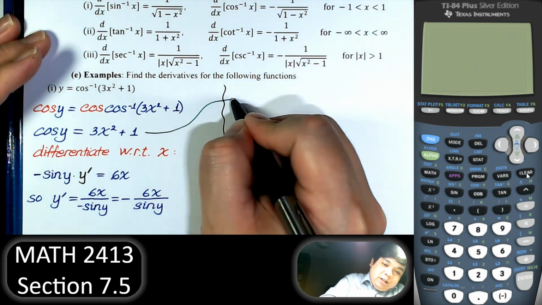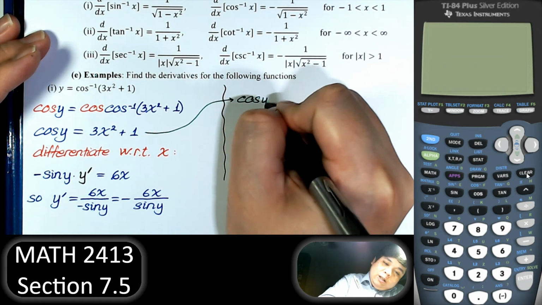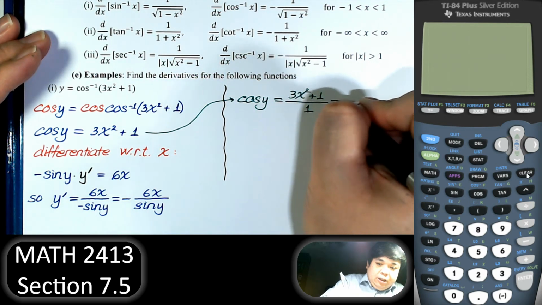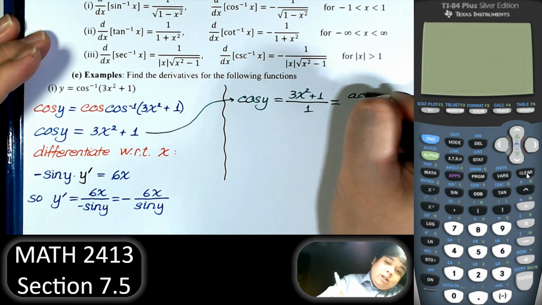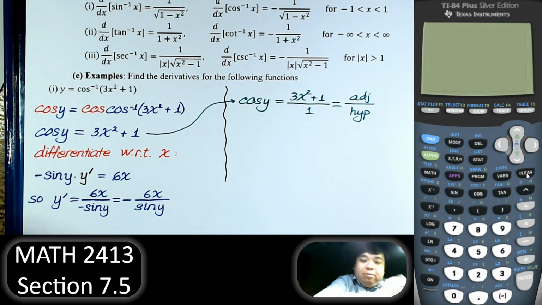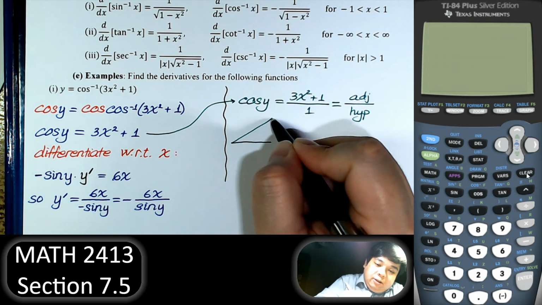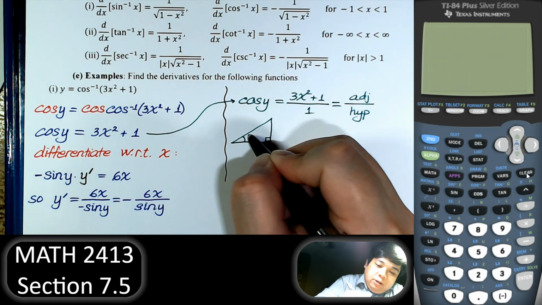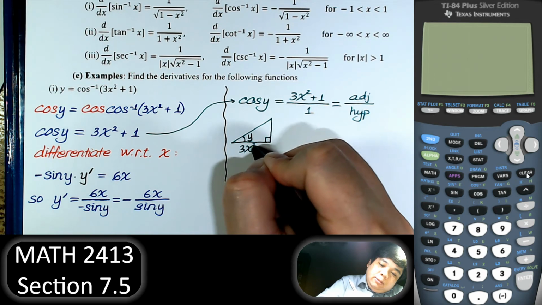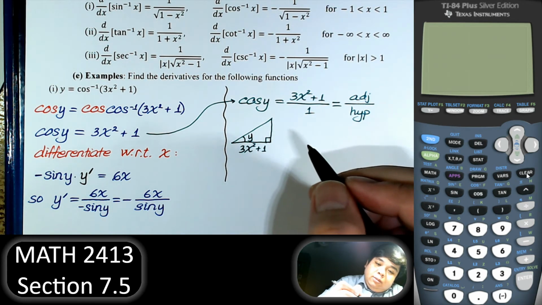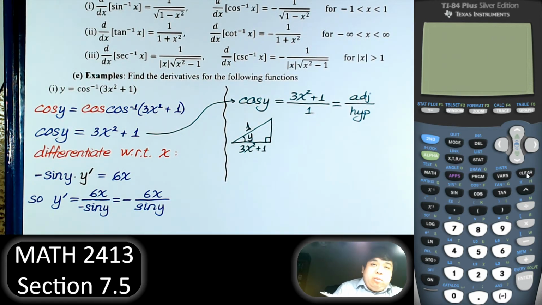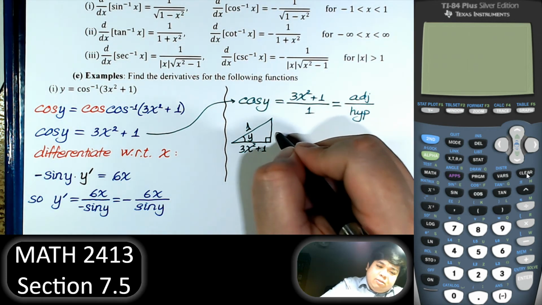Now we will take this cosine of y. Let's write that as a ratio. And that ratio is, of course, cosine is adjacent over hypotenuse. Right. Triangle. Adjacent over hypotenuse. In that case, the opposite will be plus or minus, but it's going to be just positive.